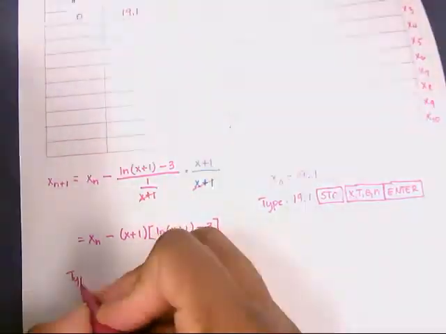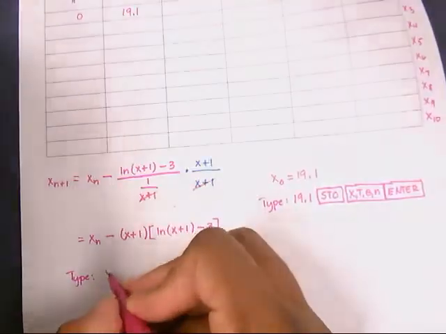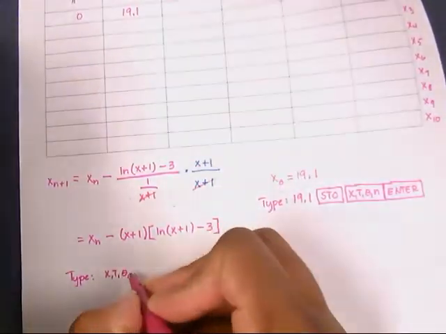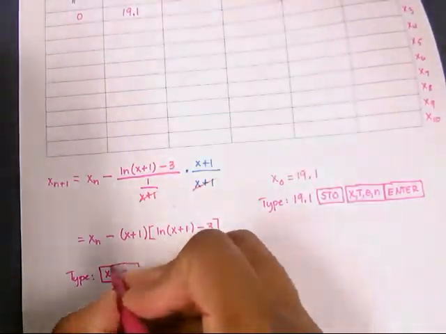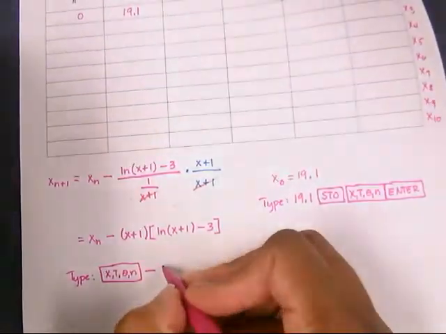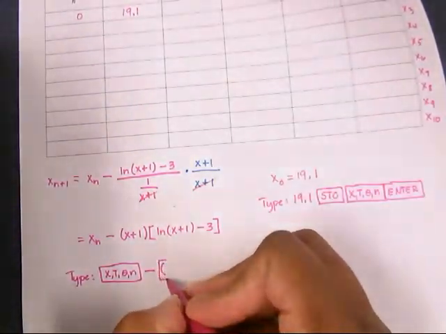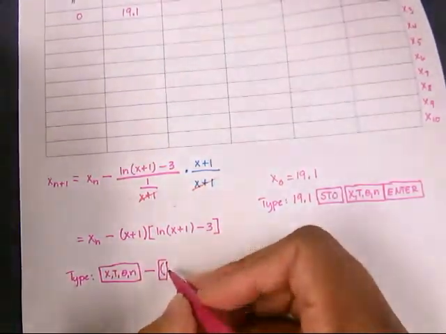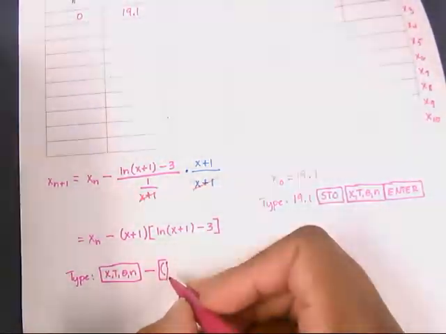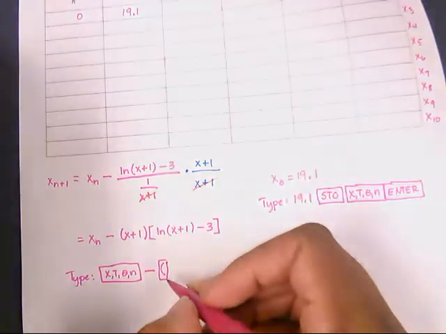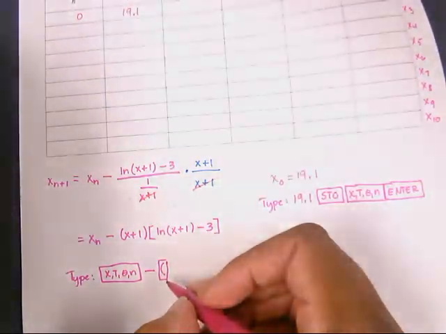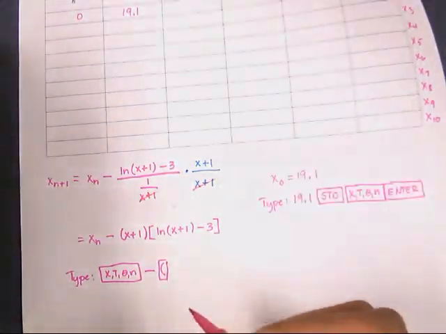So this is what you'll type in. For the x, there'll be X,T,theta,n, and then minus, and then left parentheses, x plus 1, wait a minute, correction here.